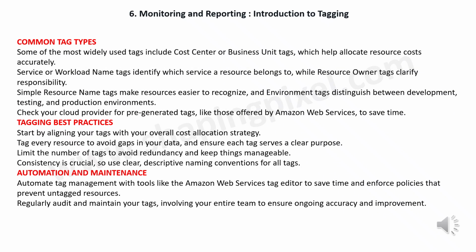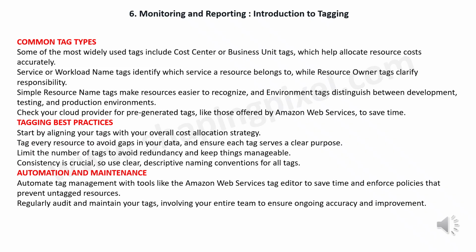Tagging your resources is essential for any organization looking to manage costs and streamline operations. By applying the right tags, you can easily track, allocate, and optimize your resources across different departments and projects. Some of the most widely used tags include cost center or business unit tags, which help allocate resource costs accurately.